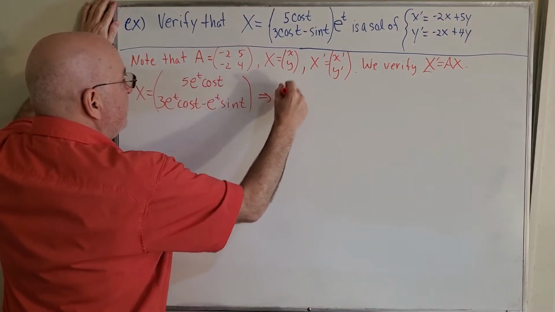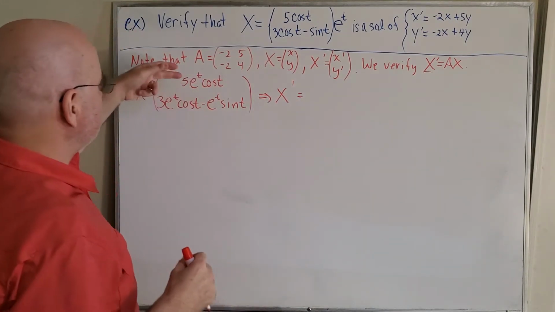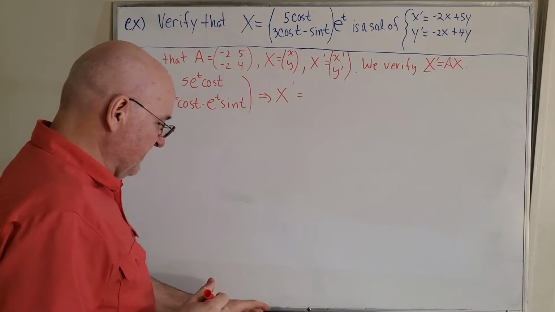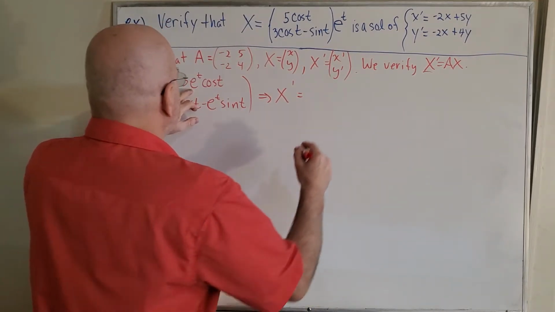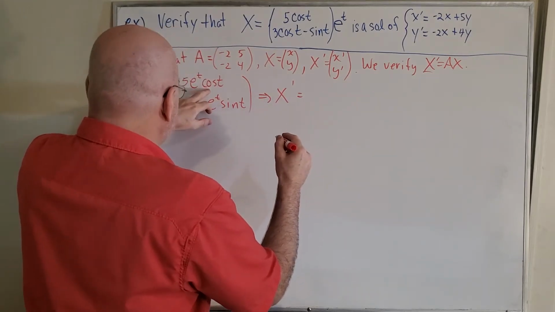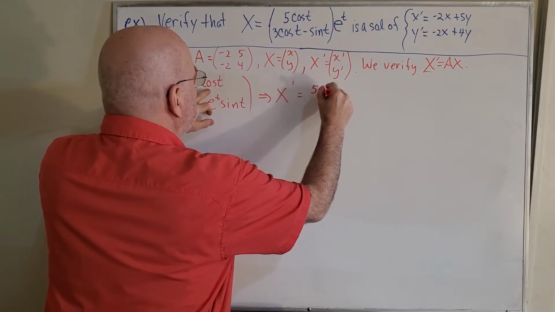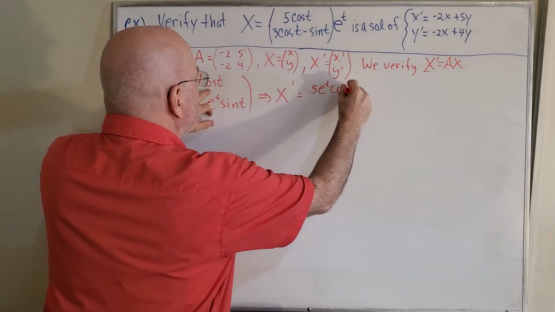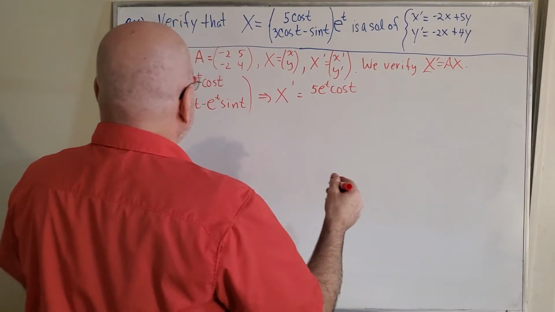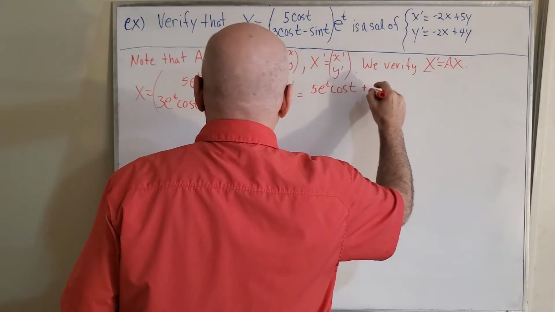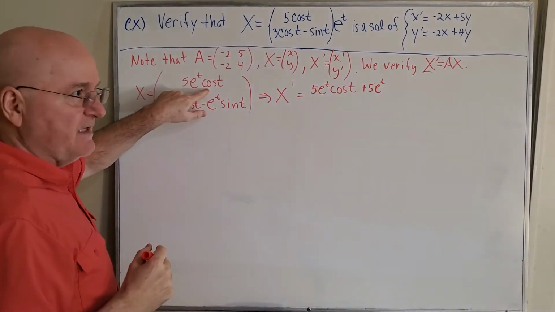And that implies that x prime is equal to, these are both functions of t, so we have to differentiate with respect to t. So that means I've got to do the second times the derivative of the first, plus the first times the derivative of the second, which would be a negative sin t.